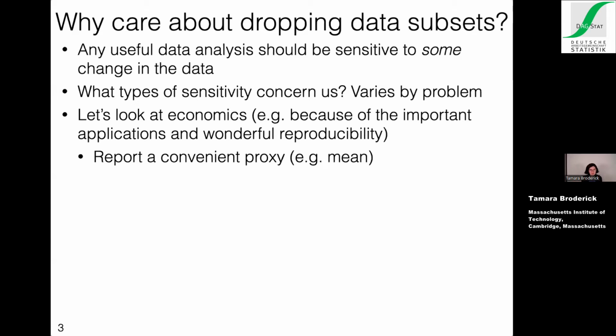Okay, so why do we care about dropping very small data subsets? Well, here's an example. An issue that arises just about all the time in statistics and machine learning is that people use standard tools, and those tools report something that isn't necessarily exactly what they care about. So for instance, suppose that we're interested in the effect of microcredit. Well, a really common situation is that there are a bunch of villages, and we will randomly assign some villages to receive microcredit and randomly assign some villages not to receive microcredit.